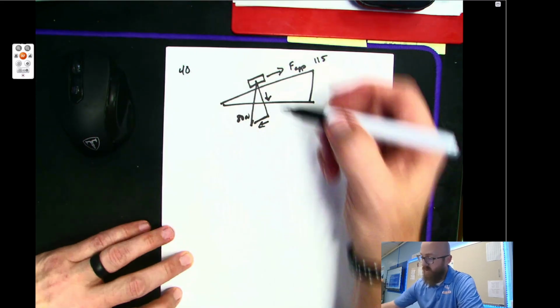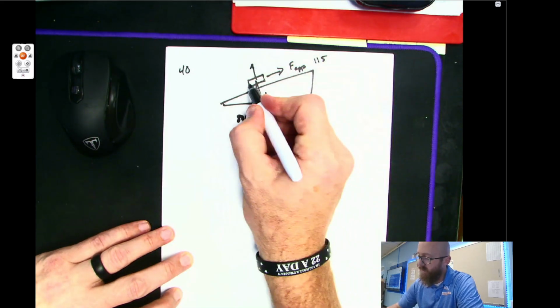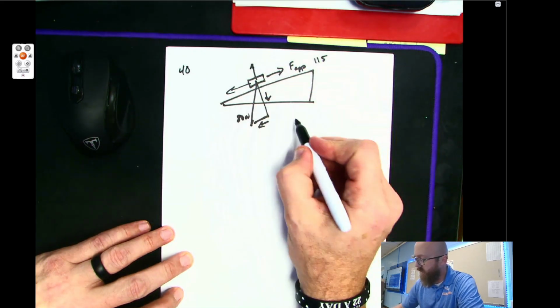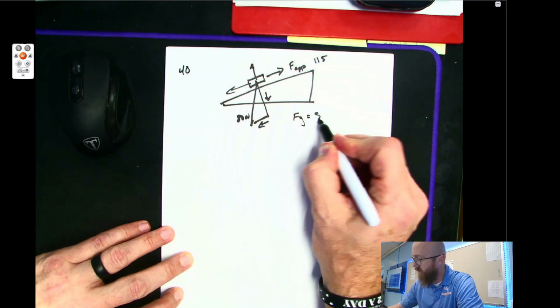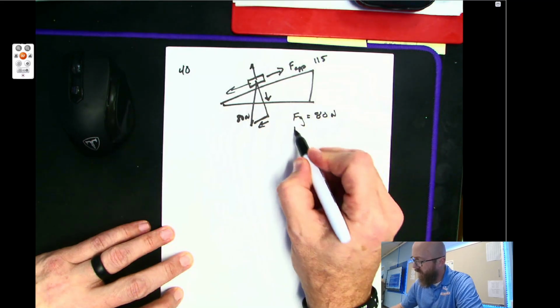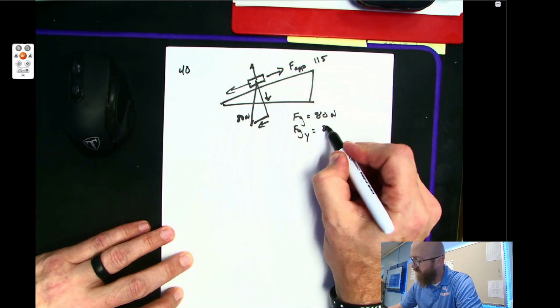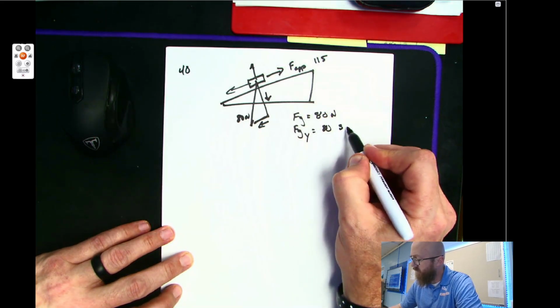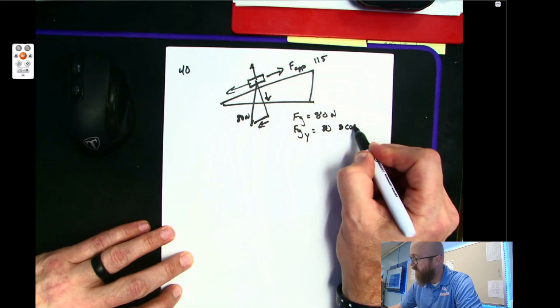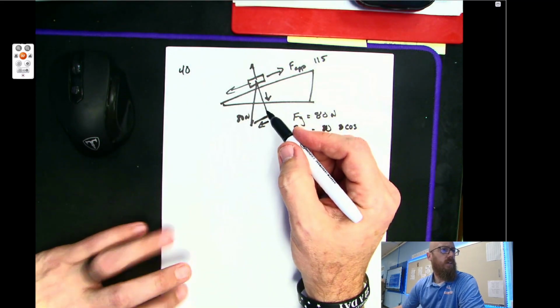So let's just treat this like chapter 4 and solve everything. So F of G is equal to 80 newtons. F of G of Y over here is 80 times the cosine of, what was the angle? 30 degrees.